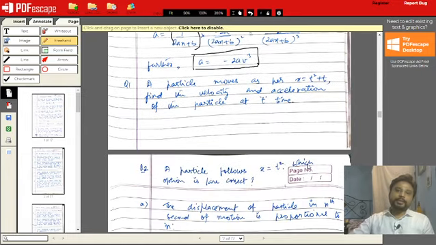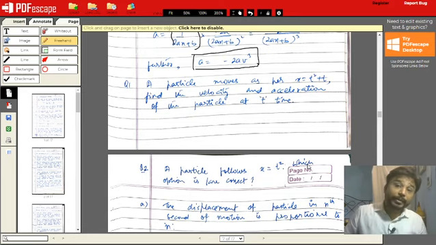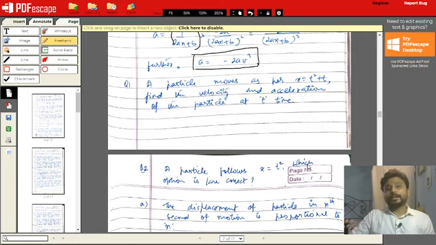Now a particle moves as per x equal to t square plus t. Find the velocity of the particle and acceleration of the particle at some time t. We differentiated the velocity of the particle with respect to time to get acceleration. Here we are given the position, so first we find the velocity of the particle.